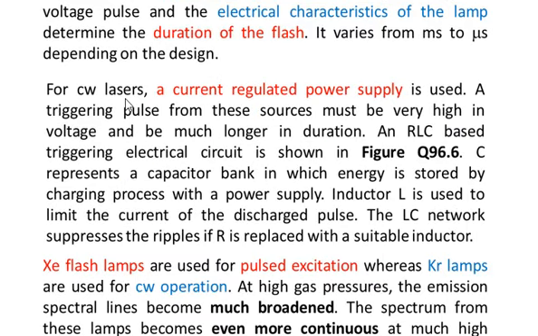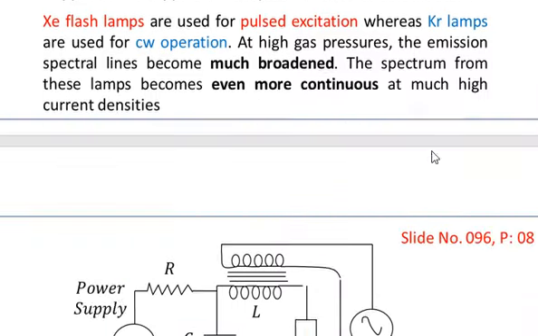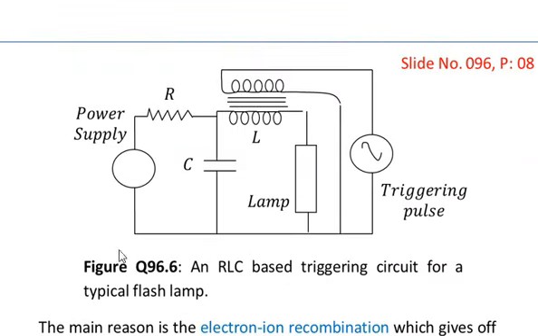For continuous wave lasers, a current regulated power supply is used. A triggering pulse from these sources must be very high in voltage and be much longer in duration. An RLC based triggering electrical circuit is shown in figure 6. So let me explain that figure first.